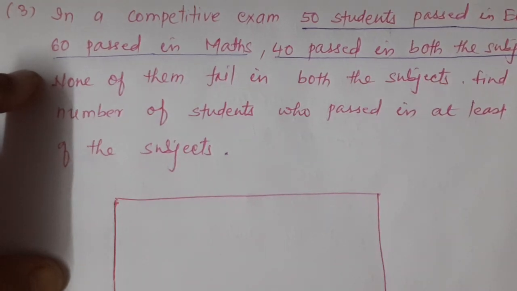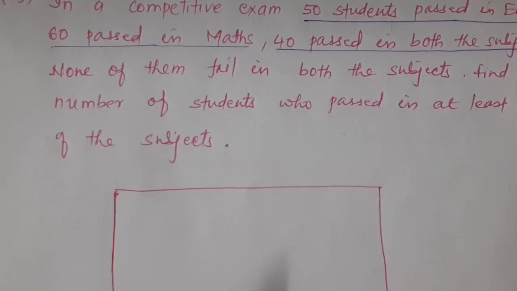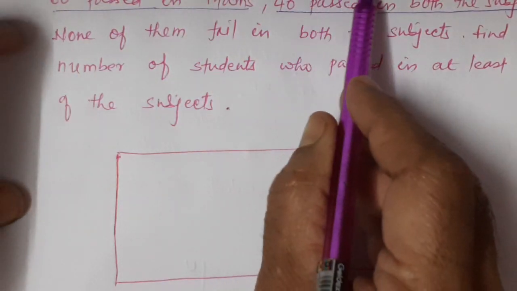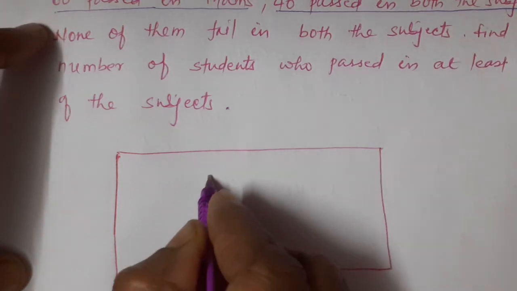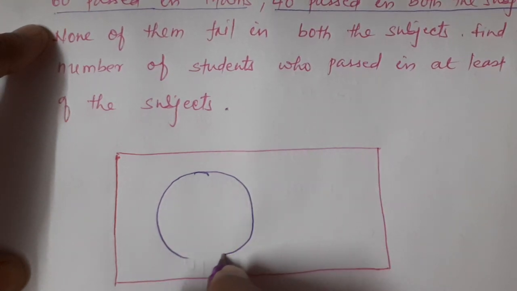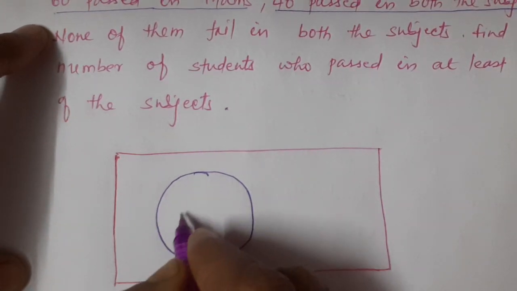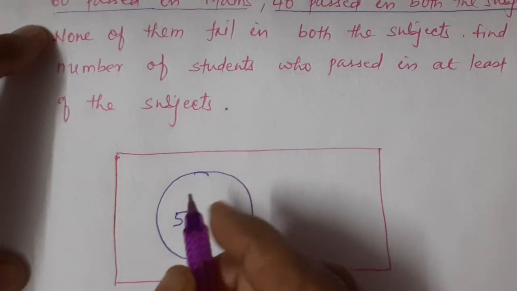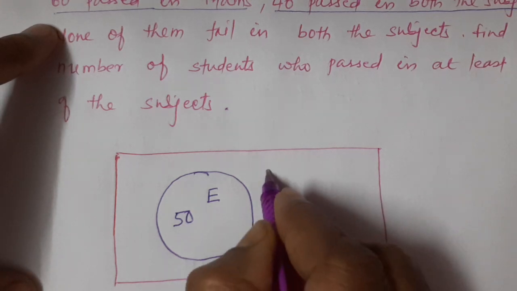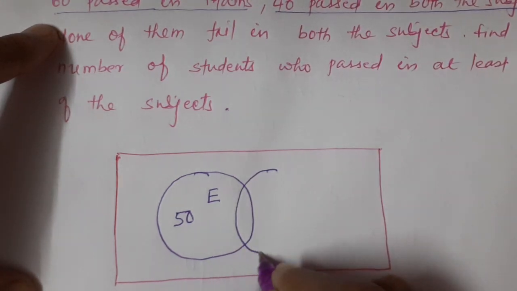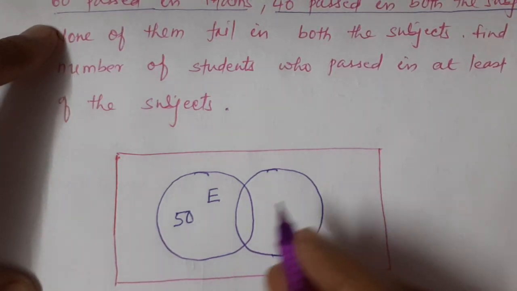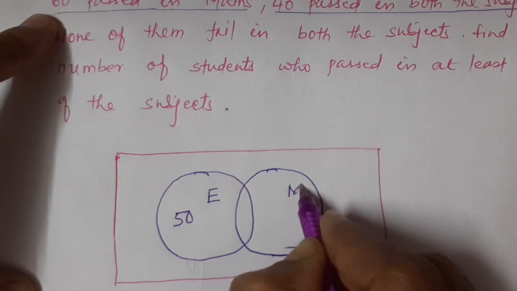In a competitive exam, 50 students pass in English, so I am taking this one as the set of English students, 50 students. The second set is the set of mathematics. How many students are there?